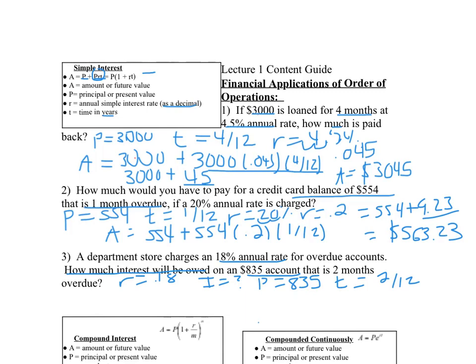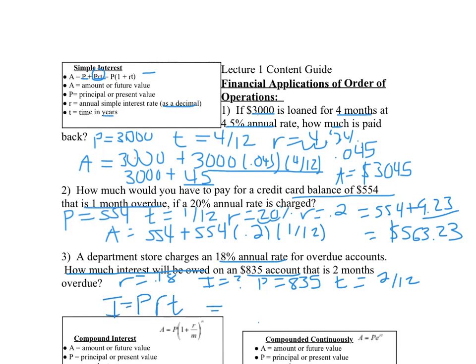Next we want to use our simple interest formula, but we're only looking for the interest part, so we're going to do P times R times T to get our interest.